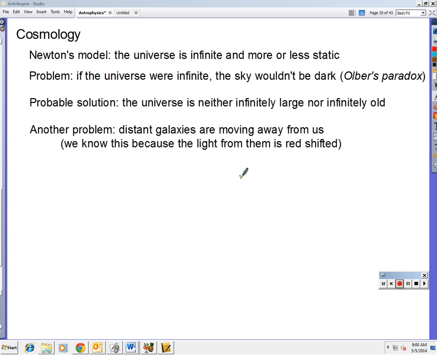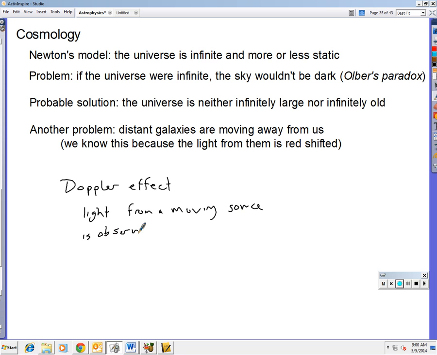But there's another problem with Newton's model, and that is that distant galaxies are moving away from us, and we know that because the light from them is redshifted. Remember from waves, the Doppler effect: light from a moving source is observed at a lower frequency.